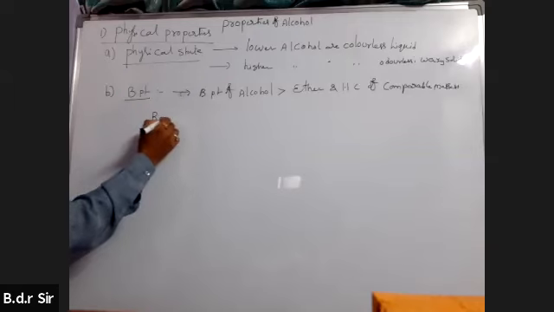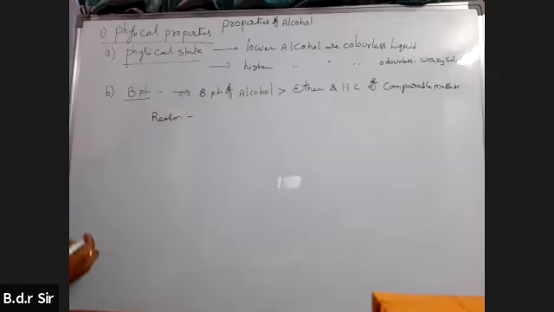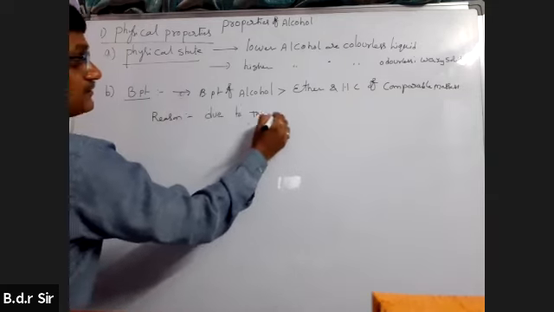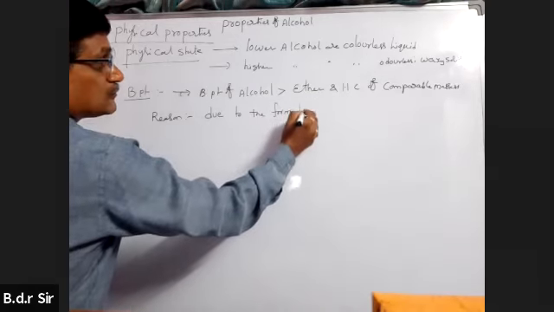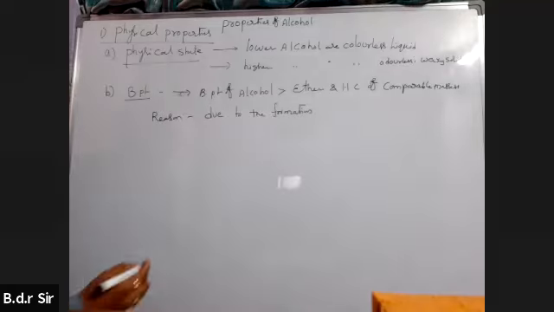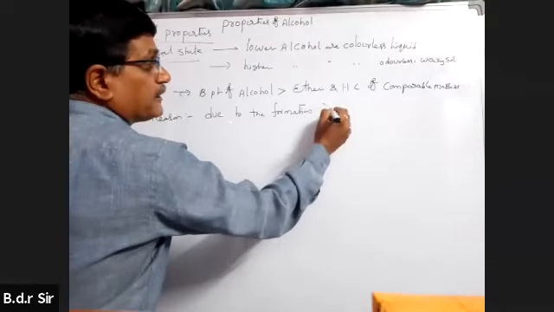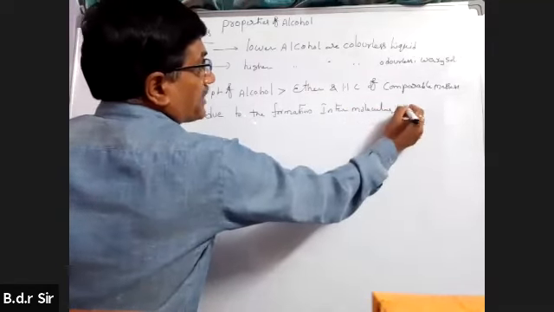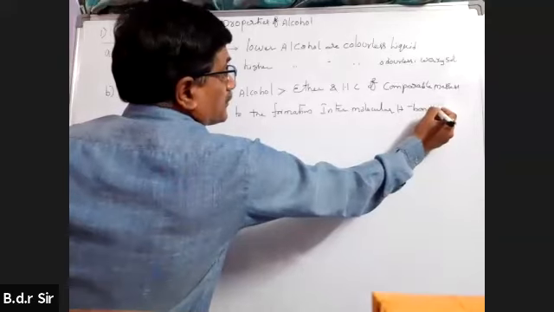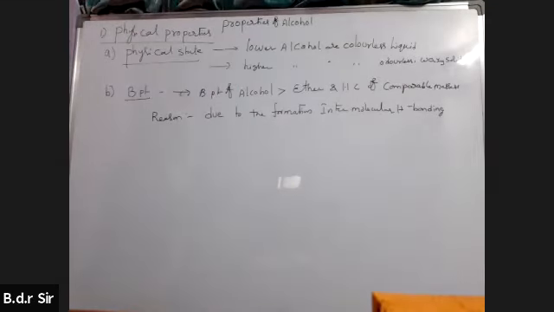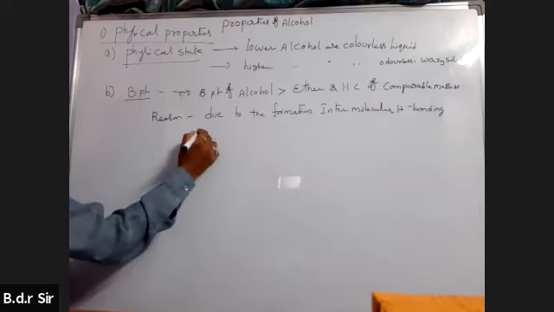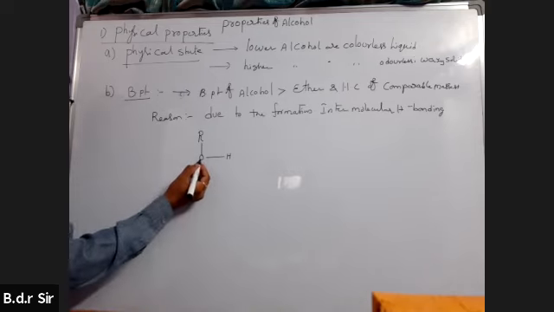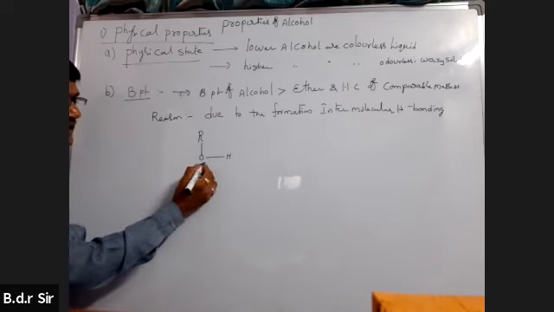Reason, due to the formation of intermolecular hydrogen bond. If you have any doubt, observe the structure R O H. Due to highest electronegativity on oxygen, it creates negative pole.